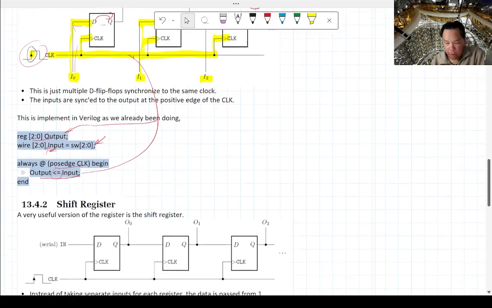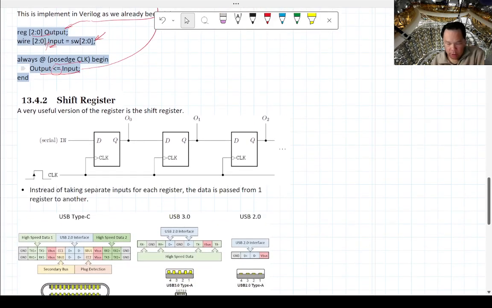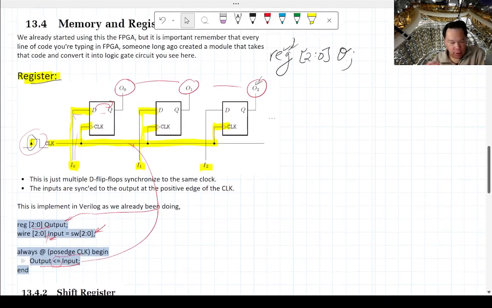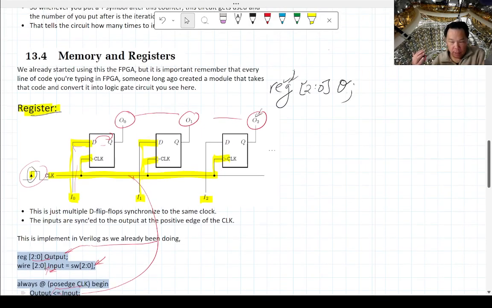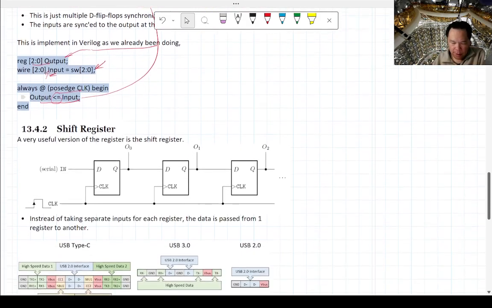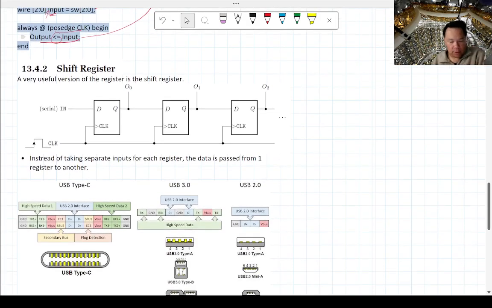You can also have shift registers. A register just remembers and synchronizes whatever your input is, and then remembers it for that one clock cycle. A shift register is a slightly different operation. Let's see what this circuit is.